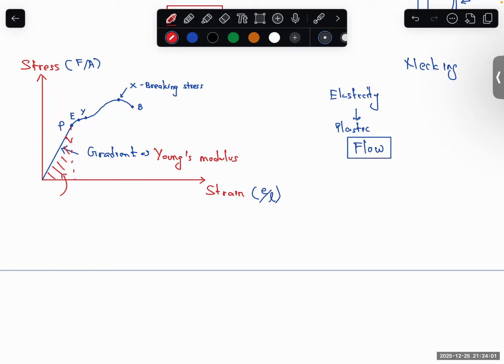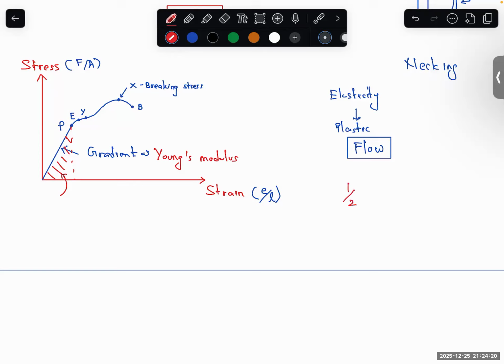Yeah, so it's not total, it's per unit volume, right? So it's the elastic potential energy per unit volume. So actually, it's like this, okay?